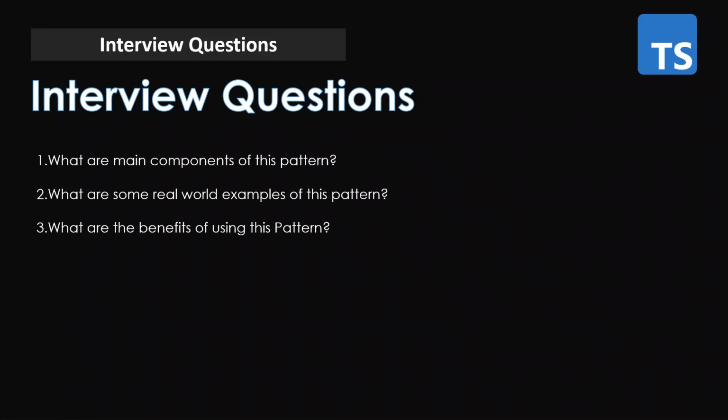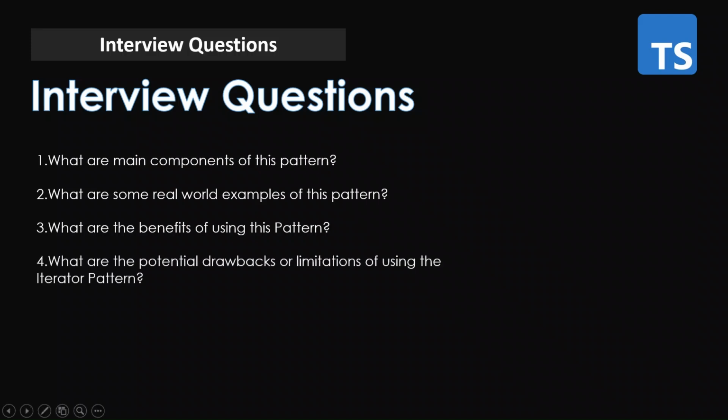Also the SOLID principle, single responsibility principle, it promotes and separates the responsibility of storing and traversing elements into different classes. And again, the extensibility it has, so new types of iterators can be added without changing the collection classes, like this.